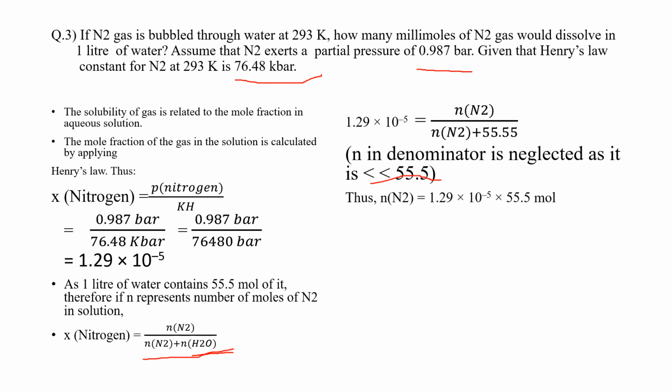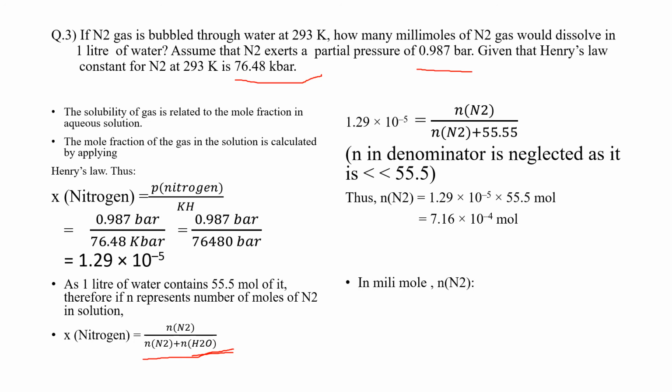Now as we neglect the number of moles in the denominator, the number of moles of nitrogen will be equal to 1.29 into 10 to the power minus 5 multiplied by 55.5 moles. So N will be equal to 1.29 into 55.5, which comes to 7.16 into 10 to the power minus 4 moles.